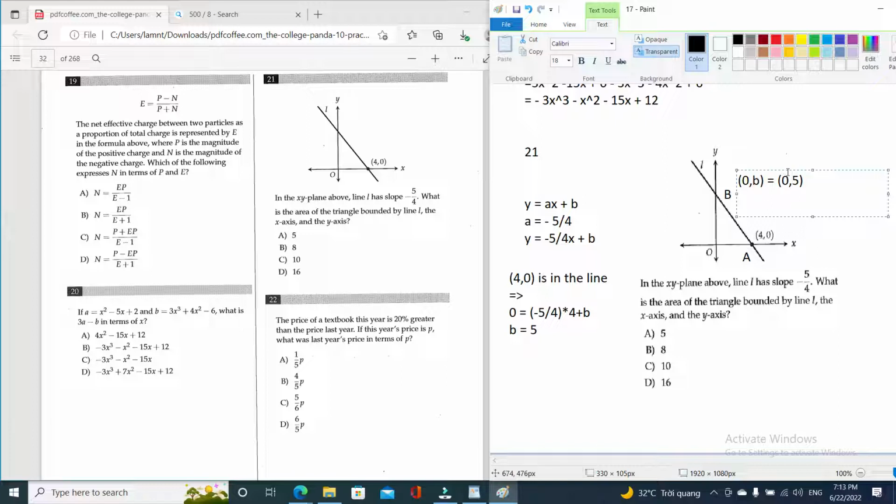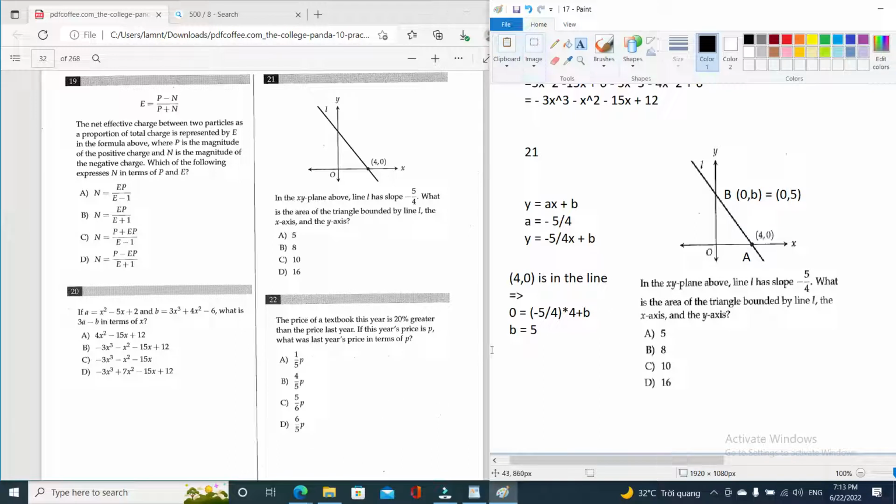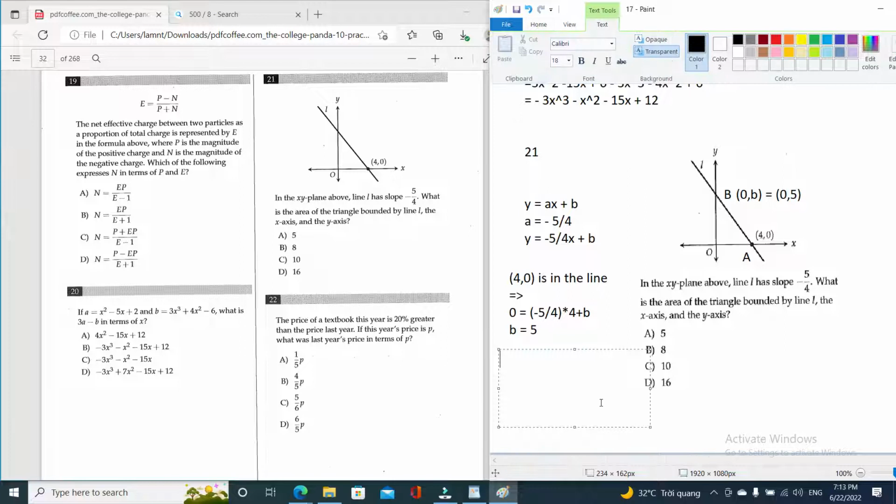So that's the coordinate of point B, because B is on the line and its x-coordinate is 0.